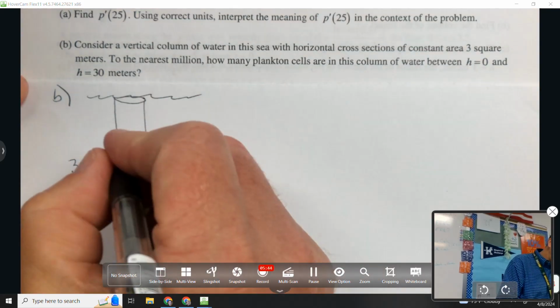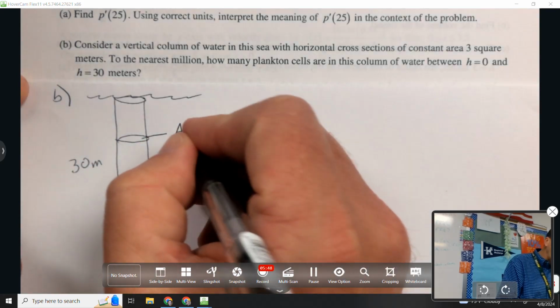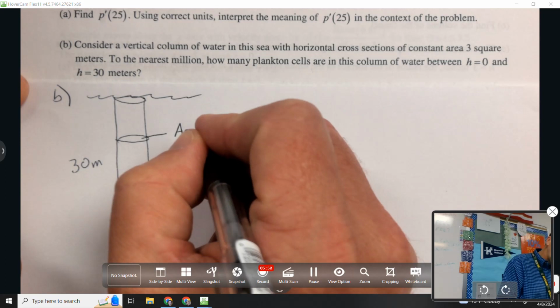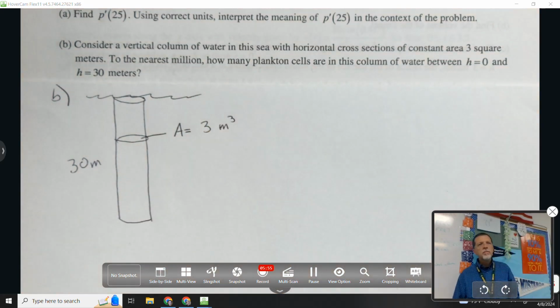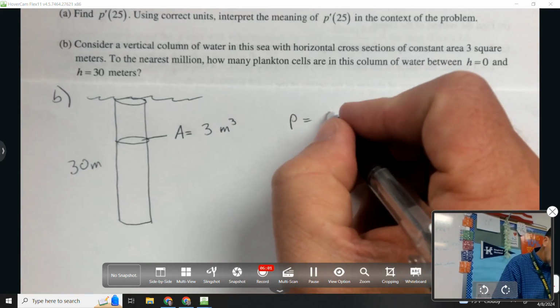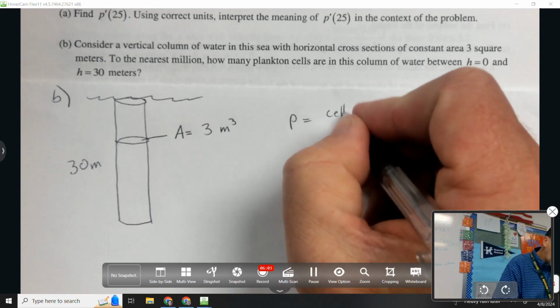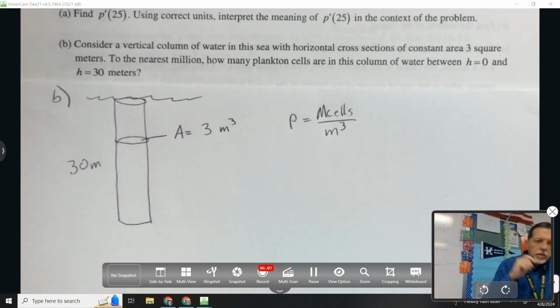And each cross-section, we don't even know that it's a circle, but that doesn't really matter, is 3 square meters. Okay, the density is million cells per meter cubed.